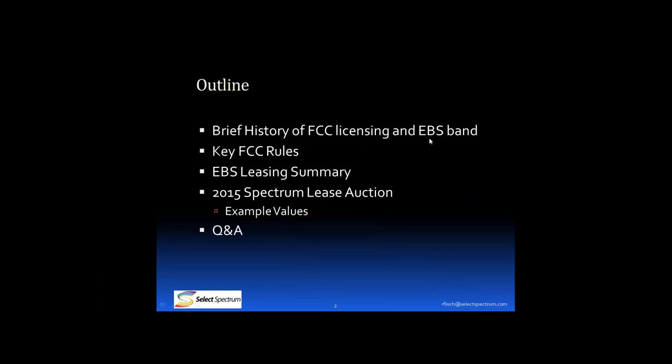We'll take a look at the history of this band and licensing in the band, talk about key FCC rules for both use of the spectrum and for leasing, talk about what goes on in the leasing world, give some examples, and as I mentioned, take your questions both during the webinar and towards the end. Again, this is intended to be really for the benefit of parties holding EBS licenses, but I certainly would appreciate comments and suggestions from the entire group here.